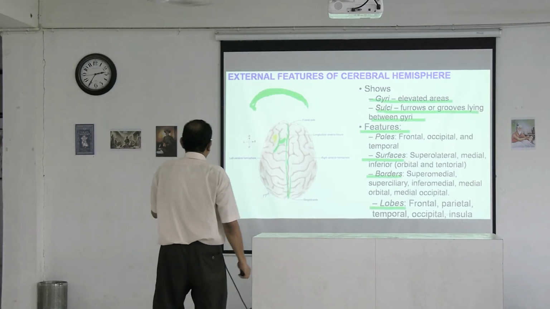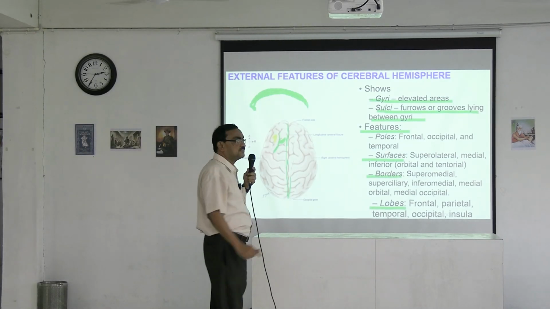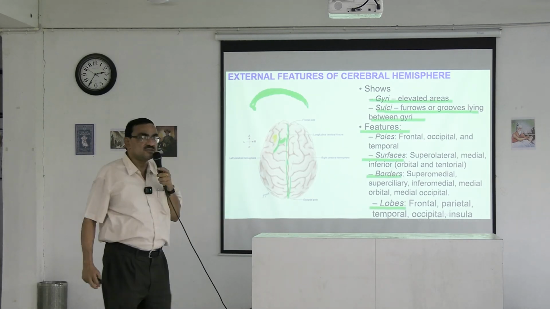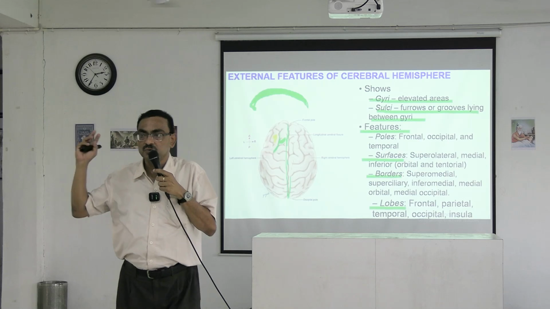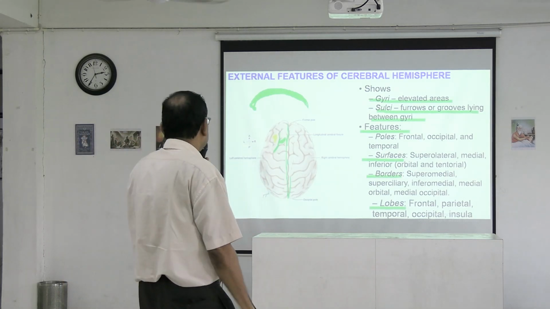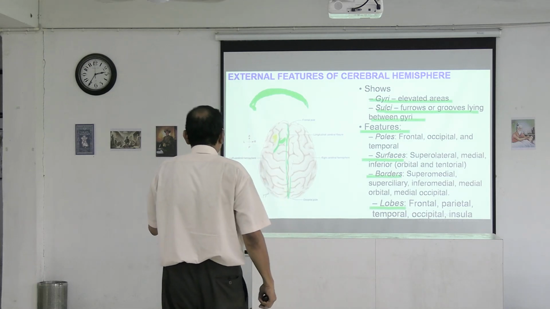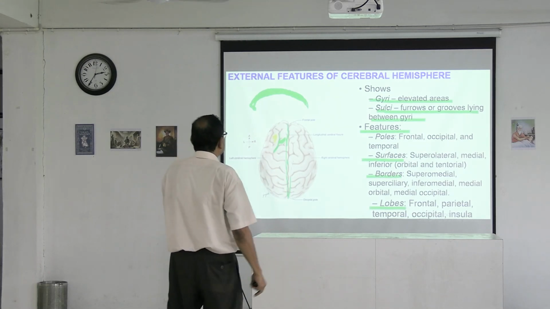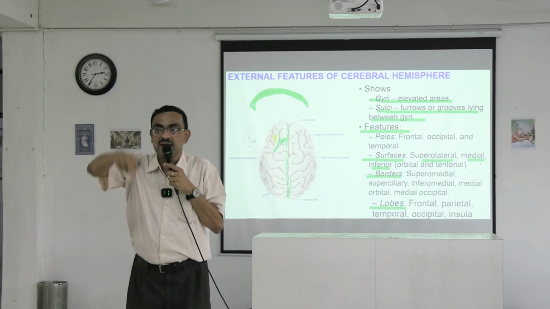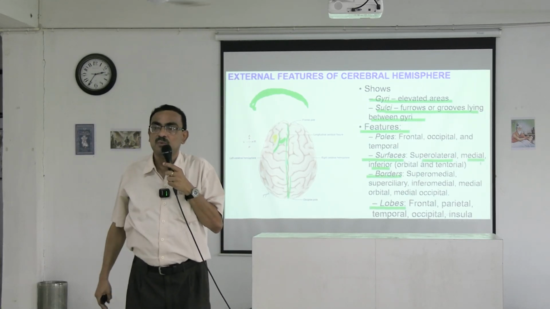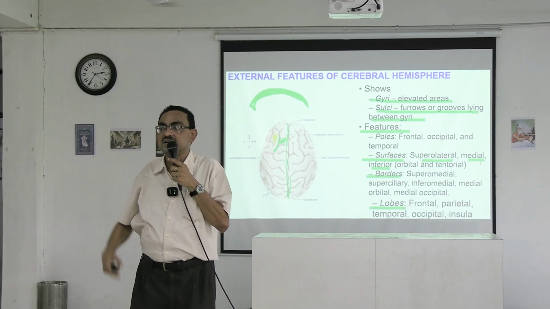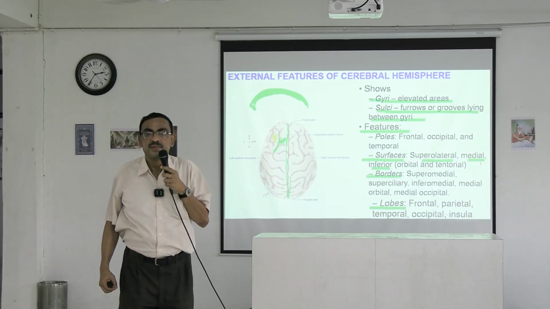That it is present in between these two cerebral hemispheres. Now, there are borders. This is a two-dimensional structure, so it is very hard to understand what those borders are. One is the superolateral border. In the brain, we will show you. The borders actually run from anterior to posterior.